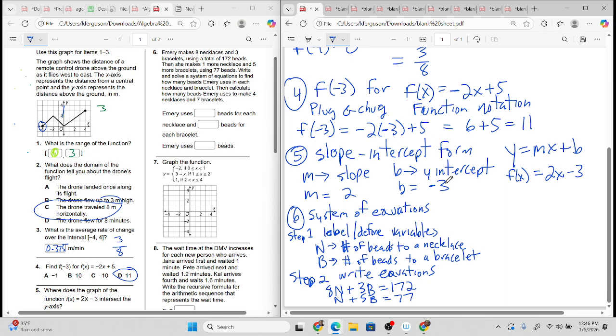The question is, do I want to use substitution or do I want to use elimination? Well, the problem kind of lends itself to either one. It doesn't really matter.